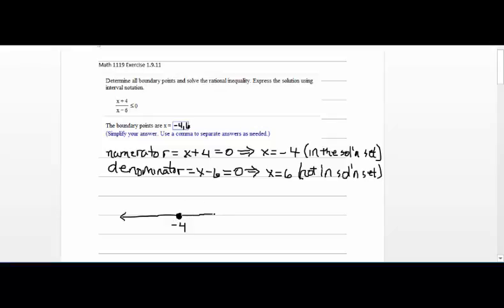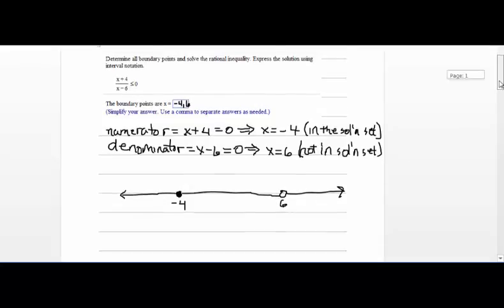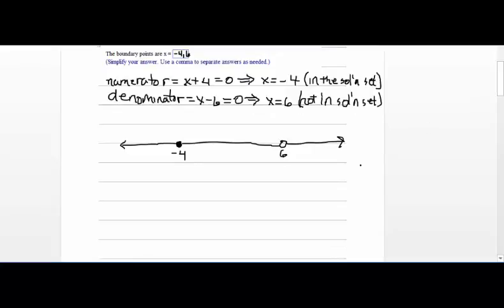Then 6 is a boundary point, but it's not going to be part of the solution set, so we put an open circle there. So there's our number line. This number makes the inequality true. The number 6 makes the inequality false because it makes the expression undefined. We want to find out what all the other numbers do.